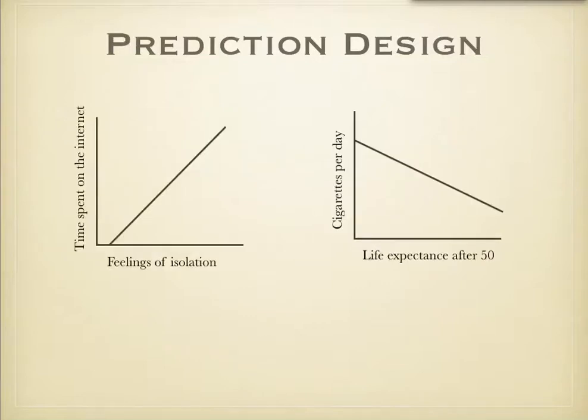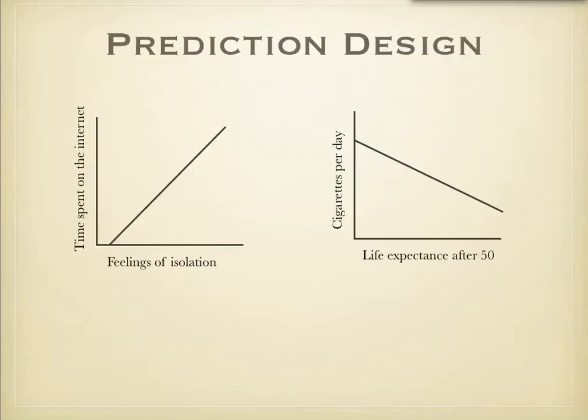For example, we know that an increase in time spent on the internet will cause an increase in feelings of isolation. We also know that the more cigarettes you smoke during the day, the shorter your life expectancy will be after the age of 50. Now, these are two variables where we know that causality exists between one and the other.